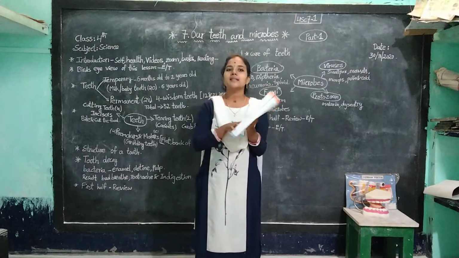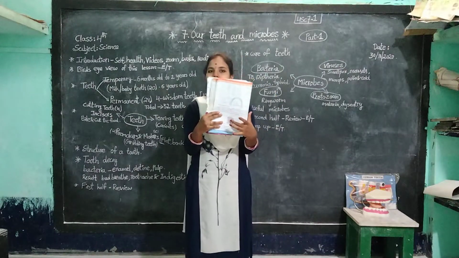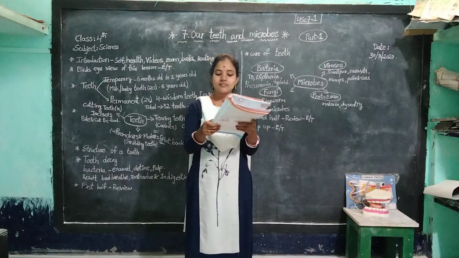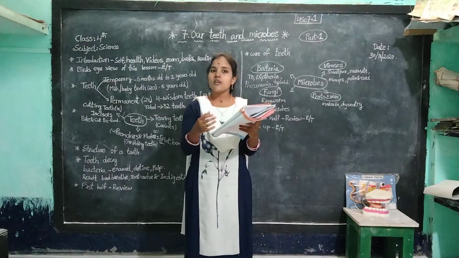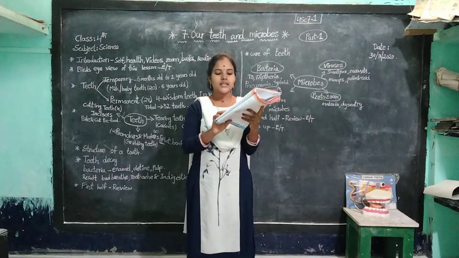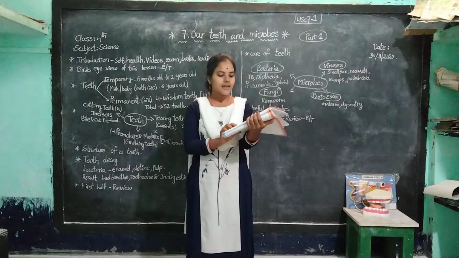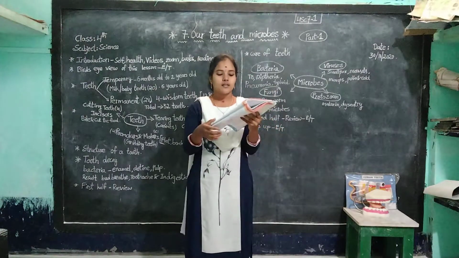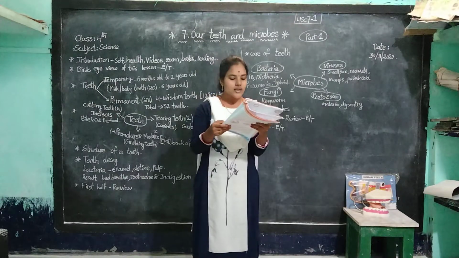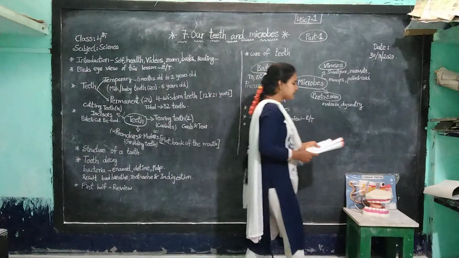Inside the dentine, there is a pulp. And next one, the pulp is in the root. Okay, I will explain, listen.